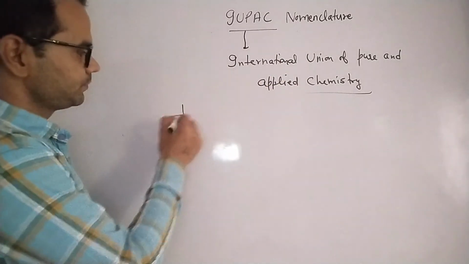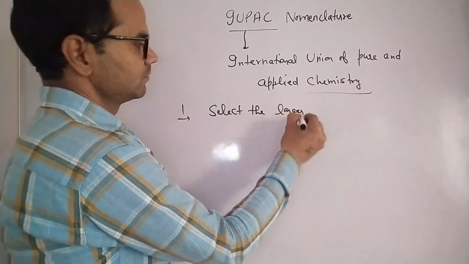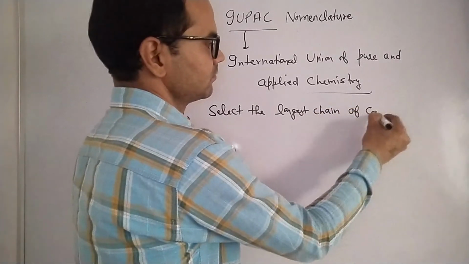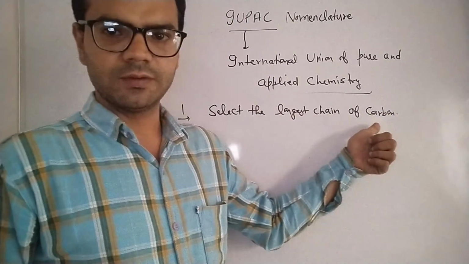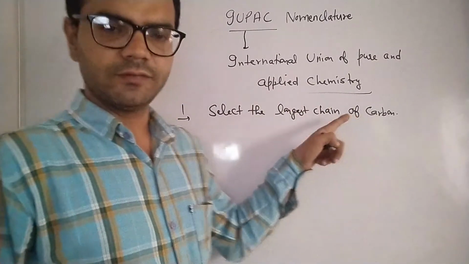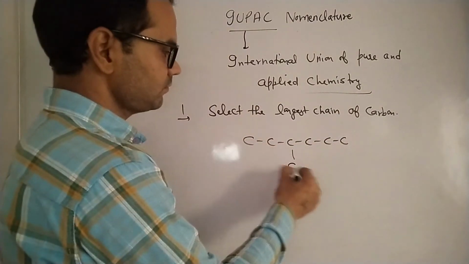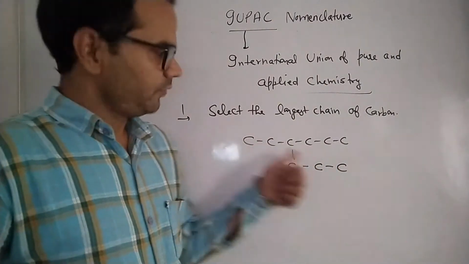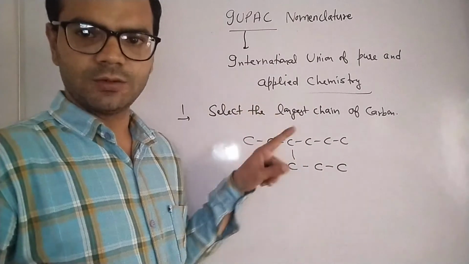First rule is: select the longest chain of carbon. We will select the carbon chain which contains the maximum number of carbon atoms. For example, we have this compound and we have to write the IUPAC name of this compound. So first thing is select the longest parent chain.